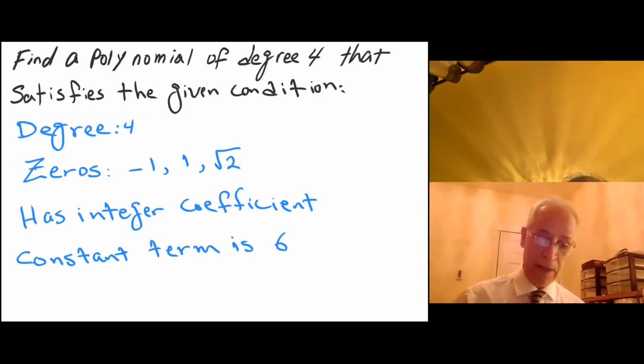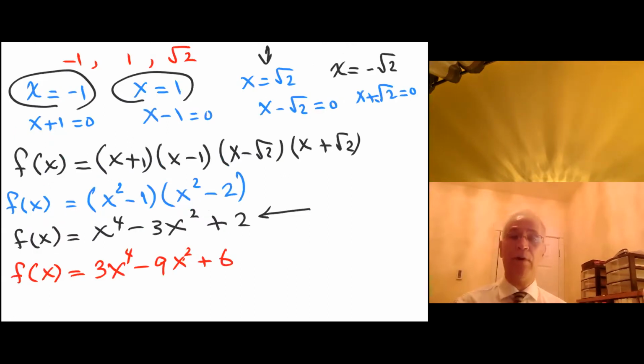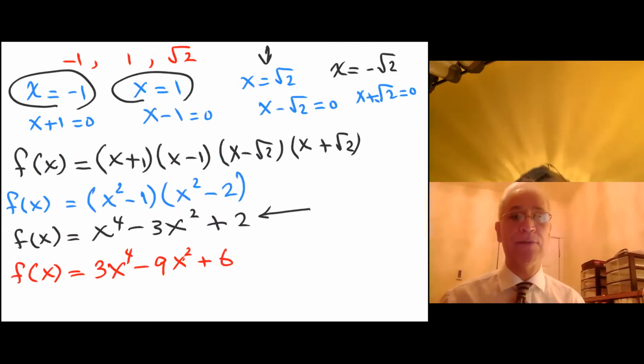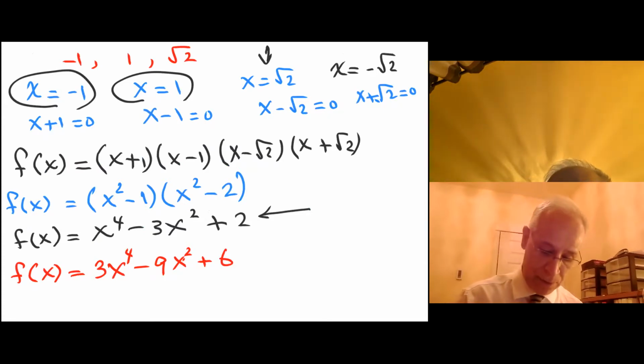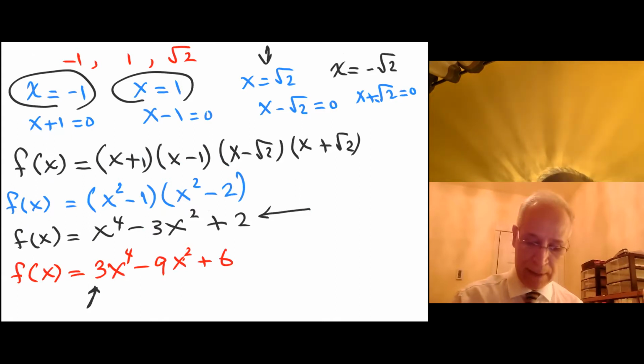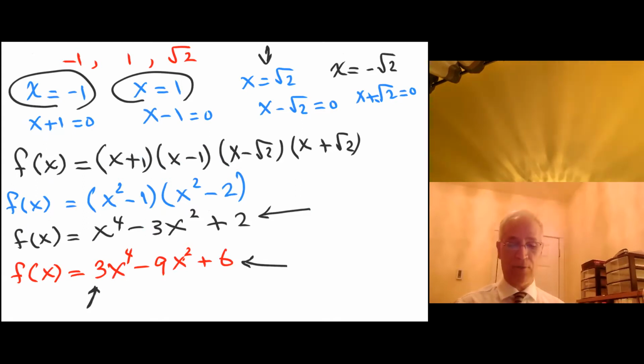And as you can see, the polynomial that we found does satisfy this condition. It has degree 4, it has an integer coefficient, in this case 3 right here, and the constant term is 6, just like what the author wanted us to find.